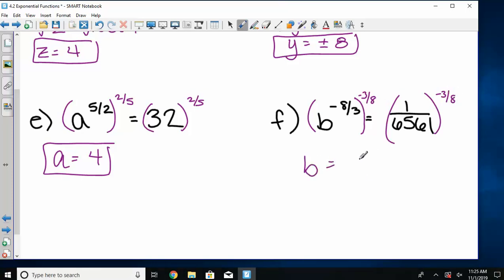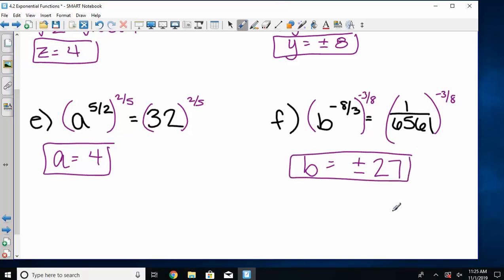Because that denominator is even, we do have to add in a plus or minus if you do that. So you take that to the negative 3/8 power, you get plus or minus 27.